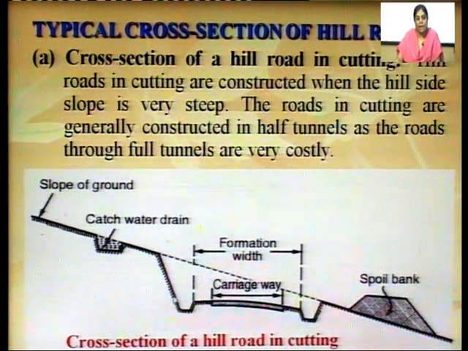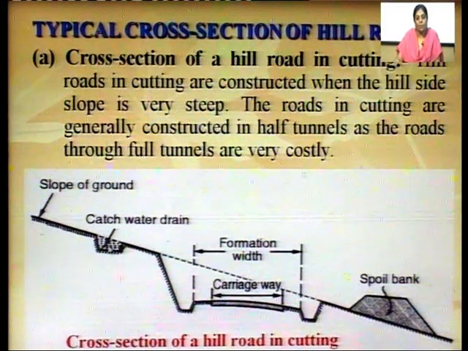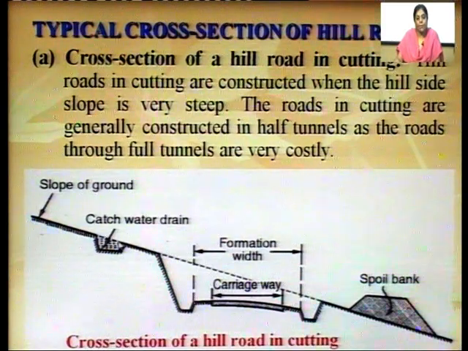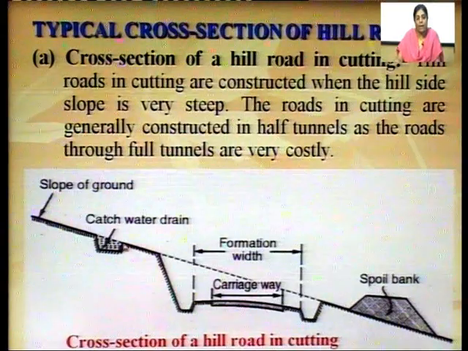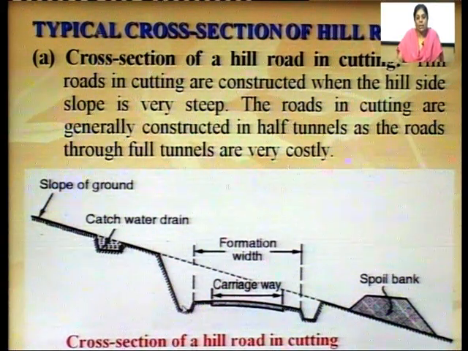Otherwise, this side drain will be over flooded, water will run over the carriageway, and thus this carriageway will get damaged. So, to avoid that, this catch water drain is provided which catches the water coming down the slope of the hill. So, rest of the water which is not caught by this catch water drain falls into the side drain.